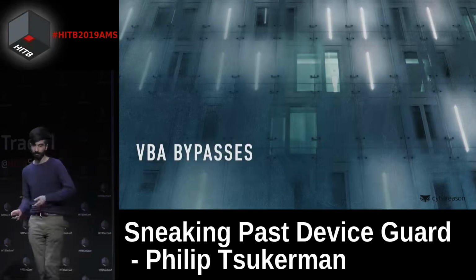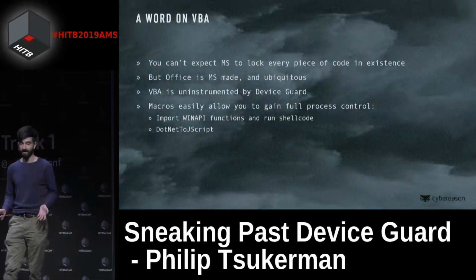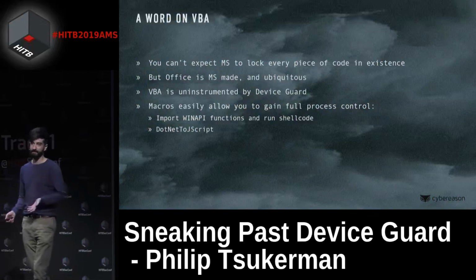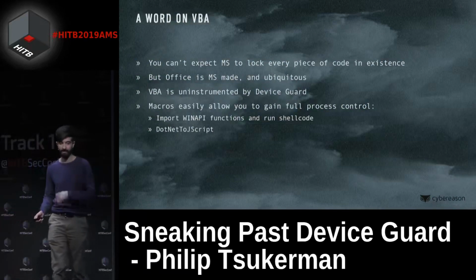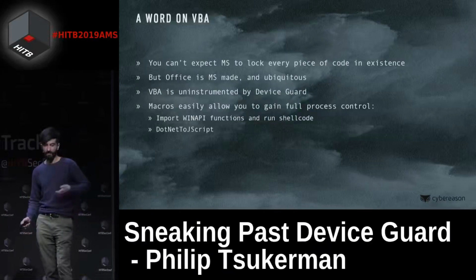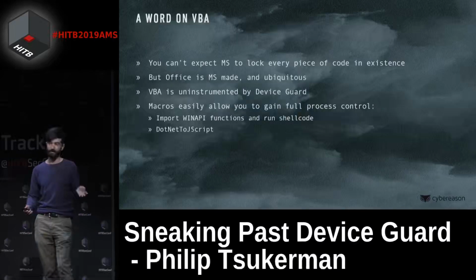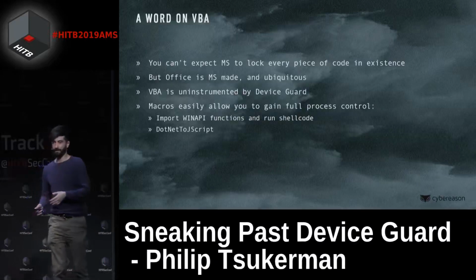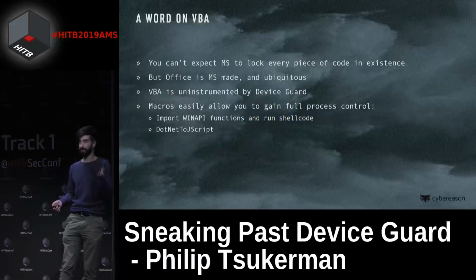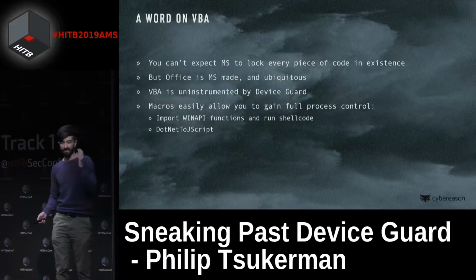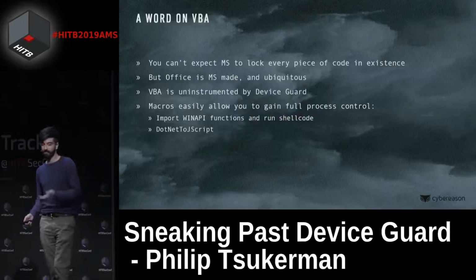The first few, we're going to use VBA. Now, VBA, Visual Basic for Applications, is basically the language engine that powers Office macros. And while you can't really expect Microsoft to lock down every piece of software in existence, and you should probably expect them to do only the OS stuff, this is still a major Microsoft product.